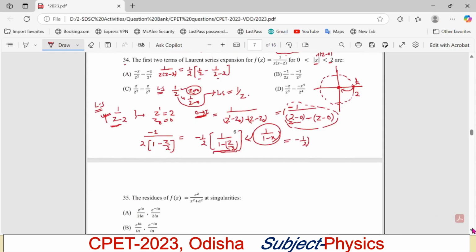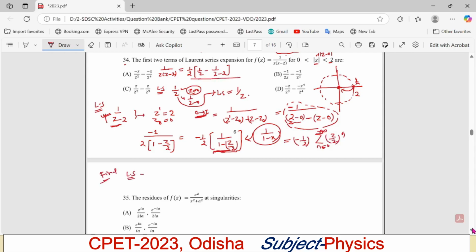So now for this one, we directly write the summation over n equal to 0 to infinity of z by 2 to the power n. Now our final Laurent series is this one.